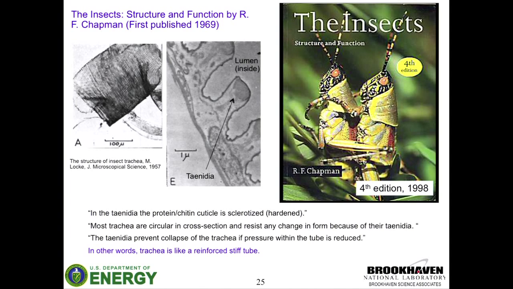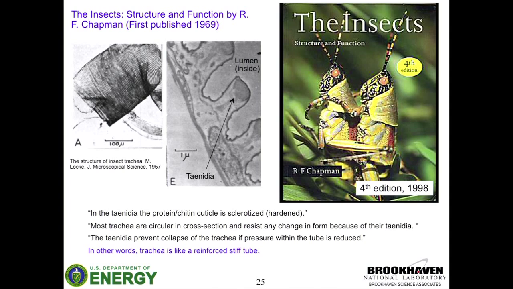If you cut open one of these air tubes, here's the inside and here's the outside, okay? On the inside, you'll see these things called taenidia. Basically, these are reinforcement structures, okay? And you can see them here. They're these rib-like structures. And if you look in this textbook, this is what it says. The taenidia cuticle is sclerotized, which means that this part here is hardened, okay?